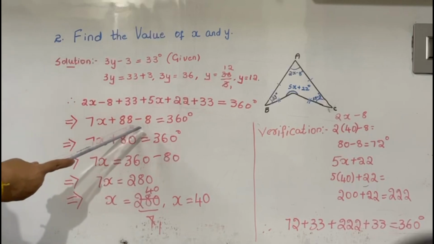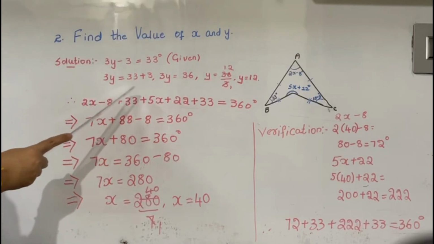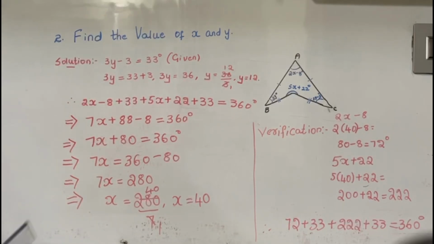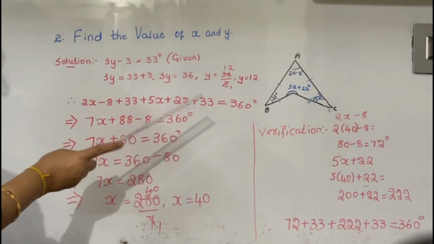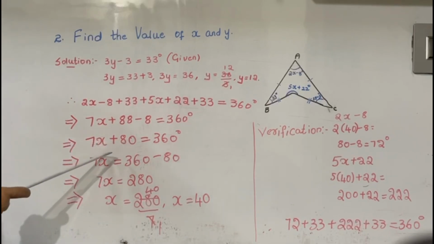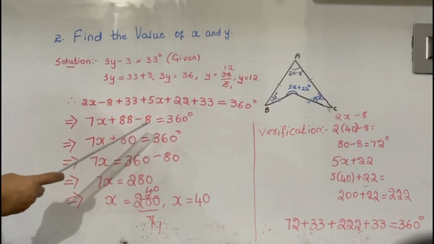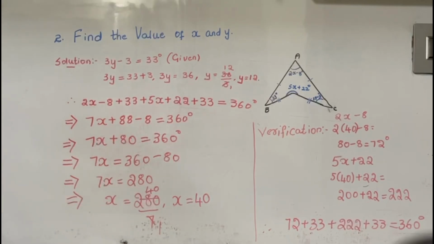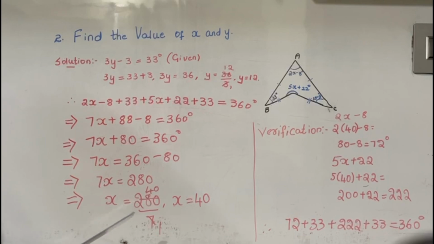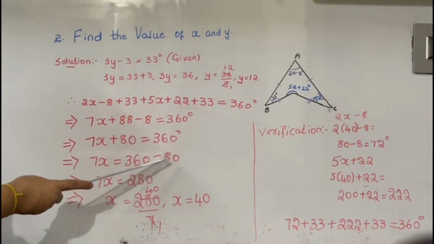I got the value as 88 minus 8. I have taken this minus 8 as it is here, which is equal to 360 degrees, which implies 7x plus 80, that is 88 minus 8 is 80, is equal to 360 degrees.